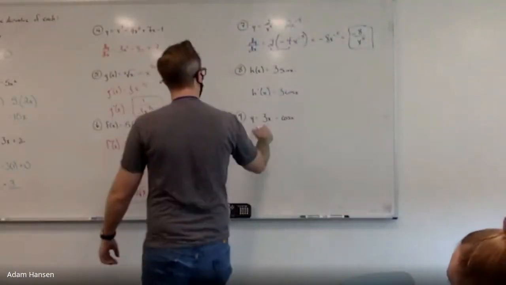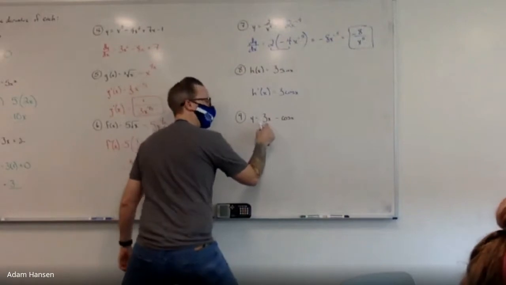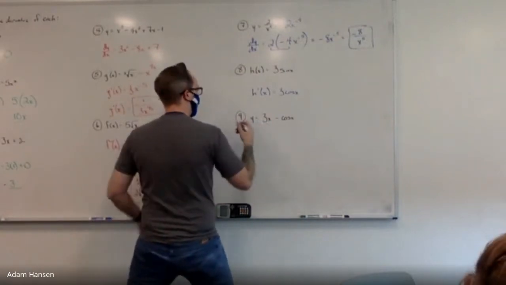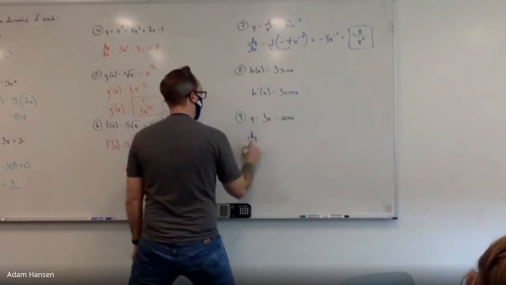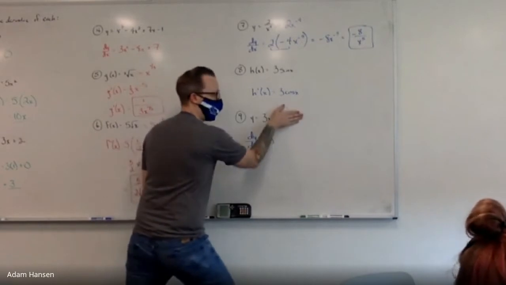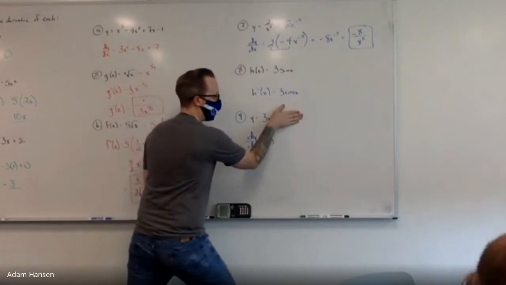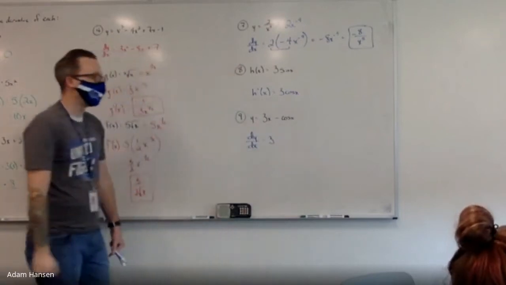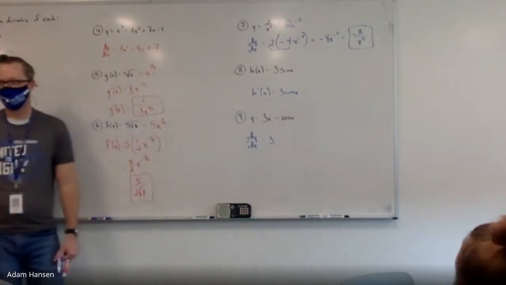Derivative of 3x. What do you think, Shane? What's the derivative of 3x? 3. dy dx equals 3, because isn't 3x a line? And isn't the slope of 3x just 3? Cool. What's the derivative of negative cosine x?